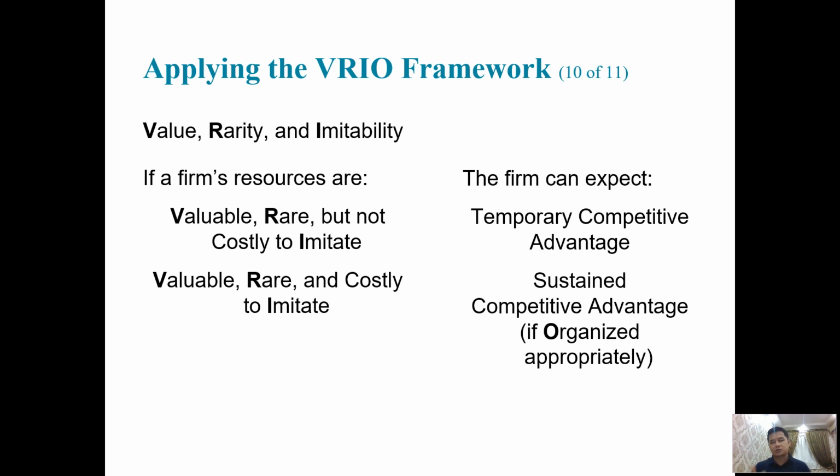If a firm's resources are valuable, rare, but not costly to imitate, the firm can expect temporary competitive advantage. If a firm's resources are valuable, rare, and costly to imitate, the firm can expect sustained competitive advantage if organized appropriately.